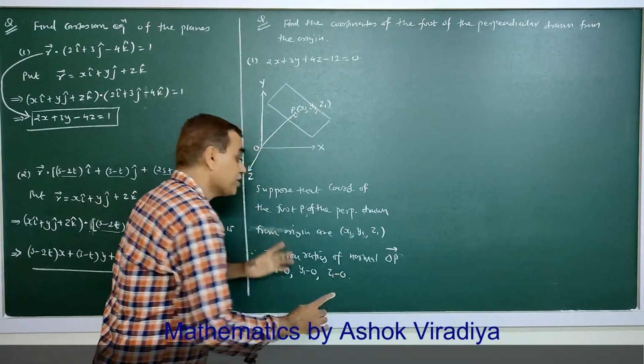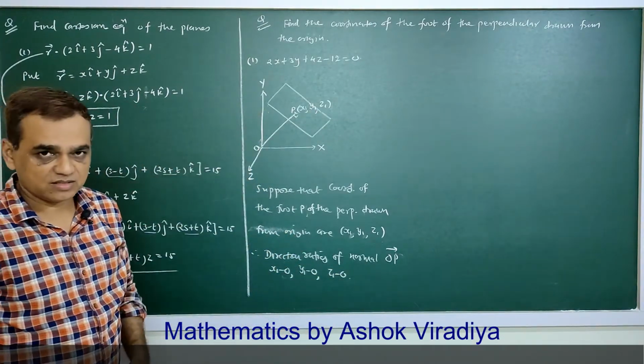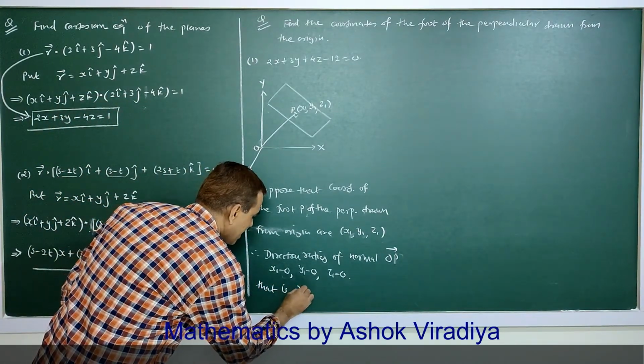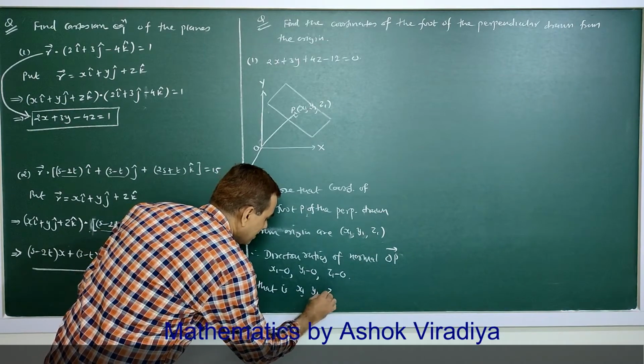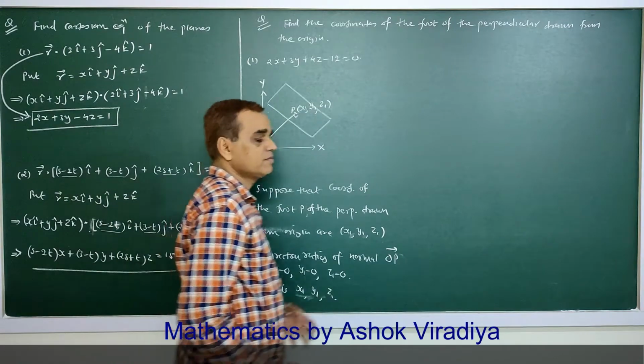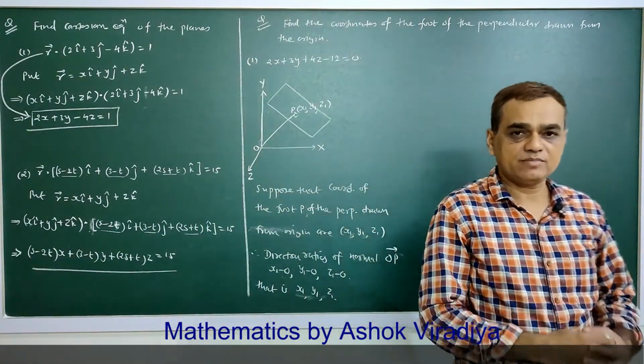So these are the direction ratios of the normal, that is x1, y1, z1. This is from the diagram.